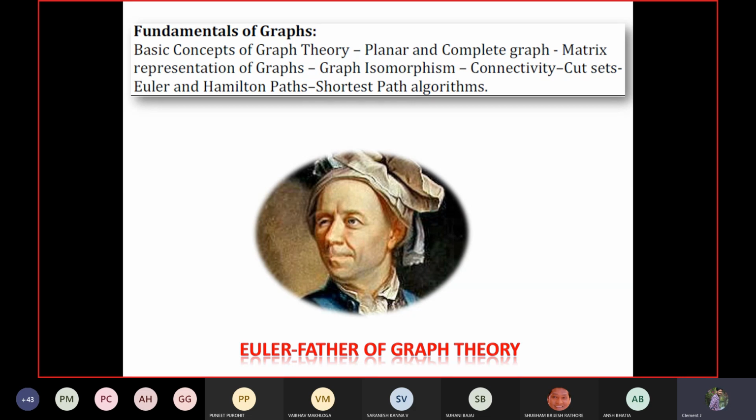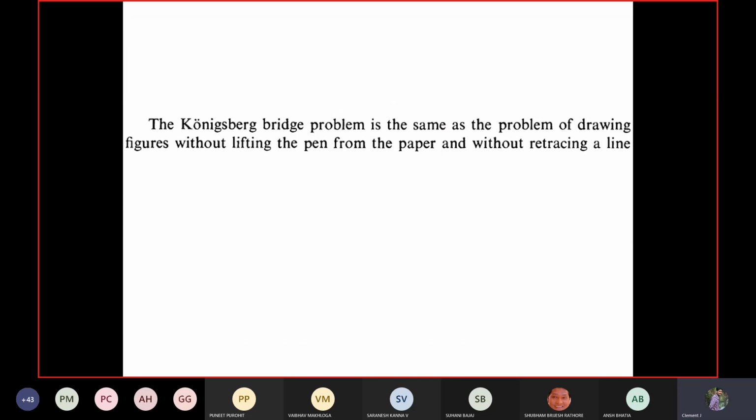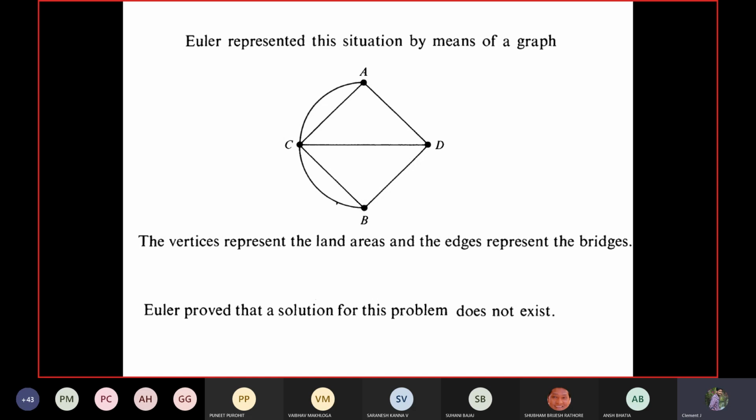I'm not going to explain that literally. The famous problem you will find if you Google it is the Königsberg bridge problem, which I'm not going to discuss. Let us enter what is given in our syllabus, and how we are going to work on it mathematically.